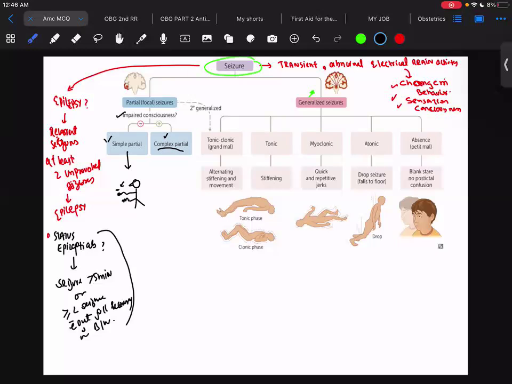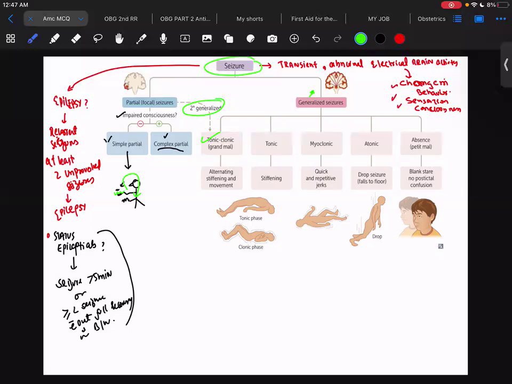At the same time, you should remember that this partial or focal seizure can transform, or be converted, into a secondary generalized seizure, basically a tonic-clonic seizure. This should be in your mind. Any patient who has hand movement first can eventually have it converted into a tonic-clonic, that is a generalized seizure.